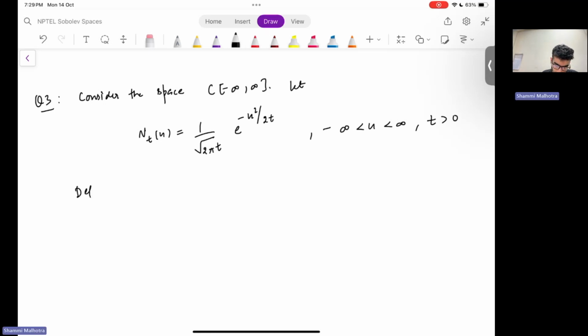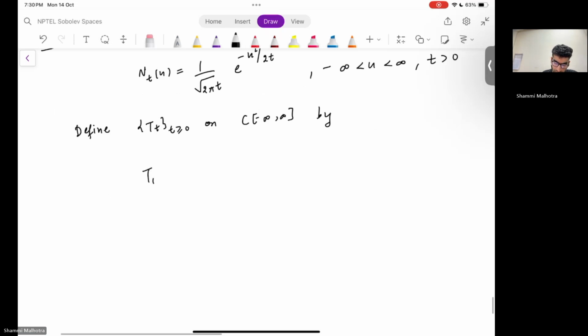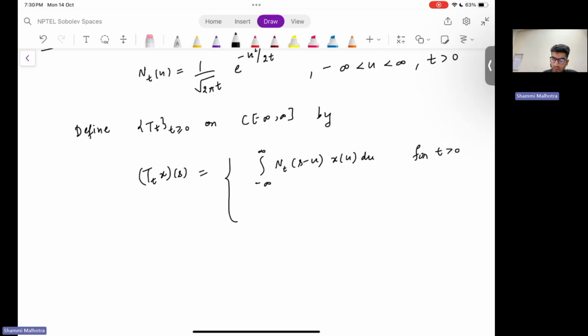And then define T_t on all continuous functions from minus infinity to infinity by T_t x(s) as the integral from minus infinity to infinity of N_t(s minus u) x(u) du for t positive, and x(s) for t equal to 0.